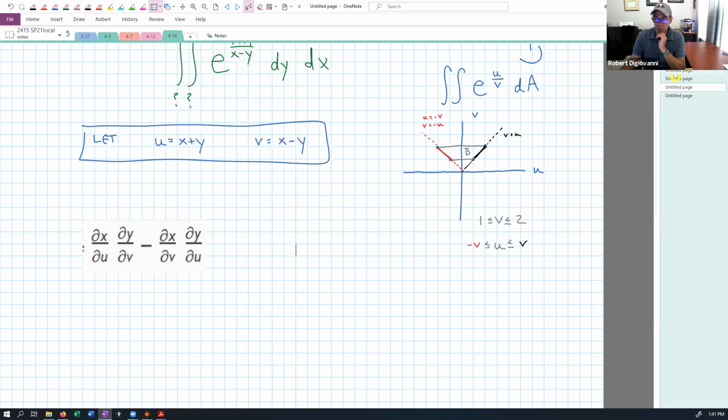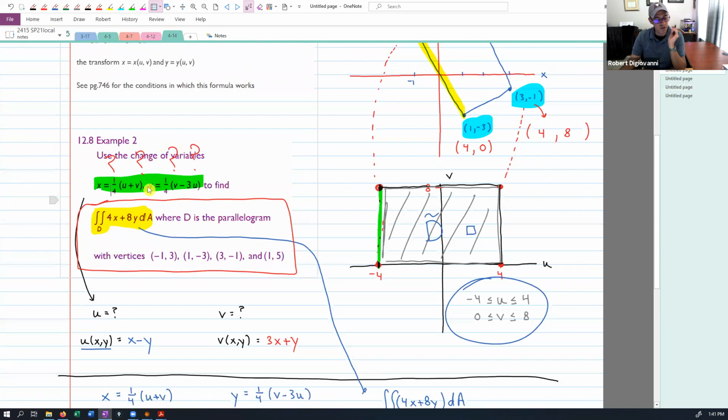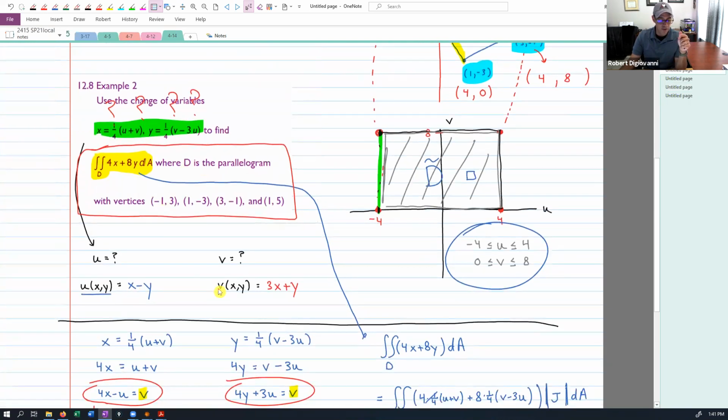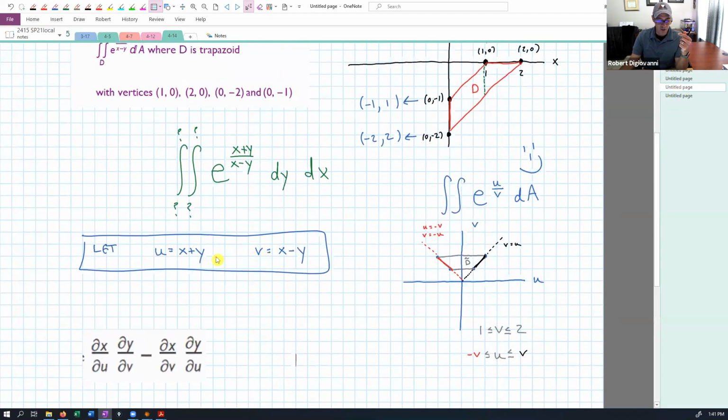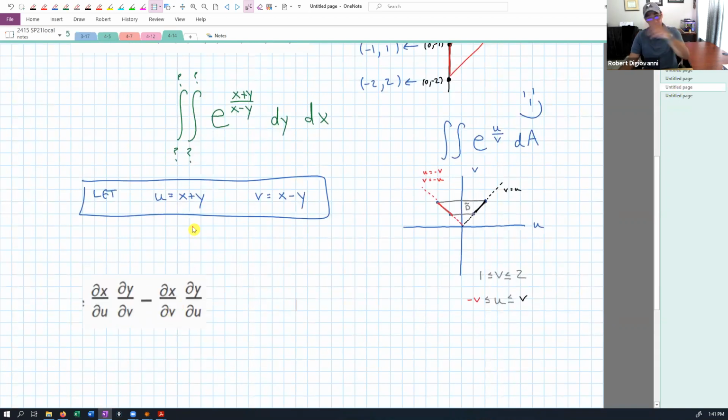So in the previous problem we did, remember the transformation I gave you were in terms of x and y, like x is equal to this, y is equal to this, and then we had to go solve them for u and v so that we could figure out where the points went. In this problem, we came up with the transformation in a different light. We figured out what u and v were in terms of x and y, but to do the partials, we've got to get it back the other way.